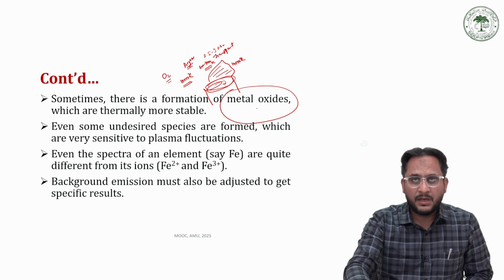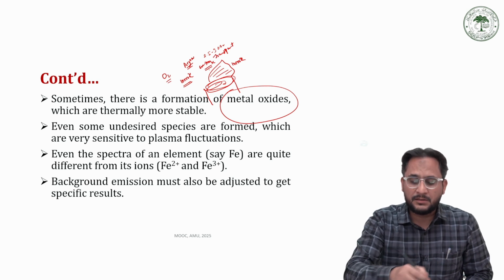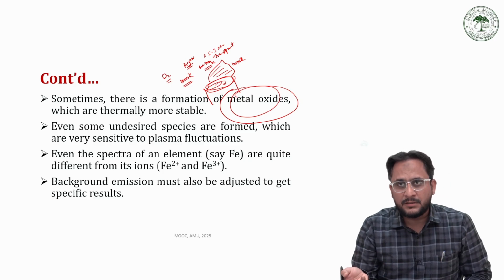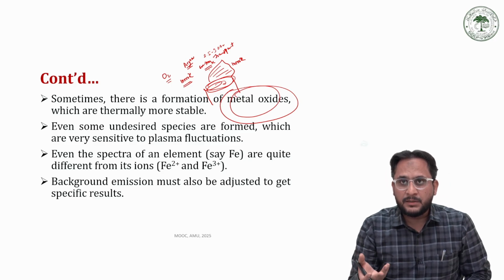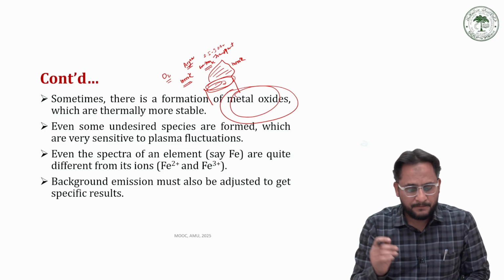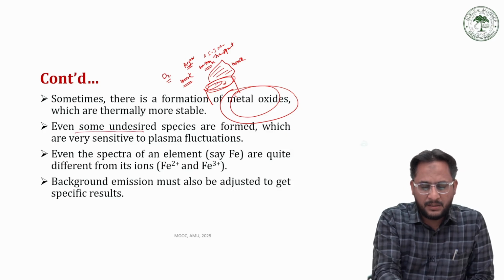But if we are not using ICP, and we are using AES with flame ionization, then of course, in case of flame we are using oxygen as an oxidant, and the temperature is also not very high. So there is a possibility of formation of metal oxide, and once these metal oxides are formed, they are thermally stable, so they do not dissociate at the temperature achieved by a flame. Then even some undesired species are formed.